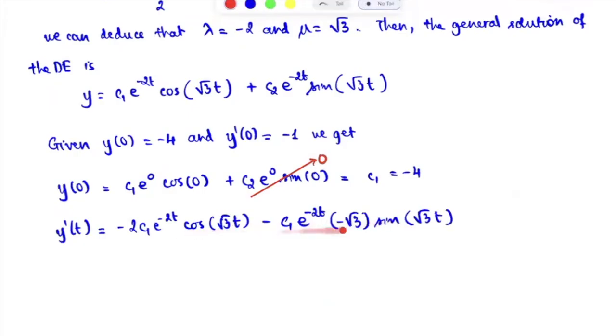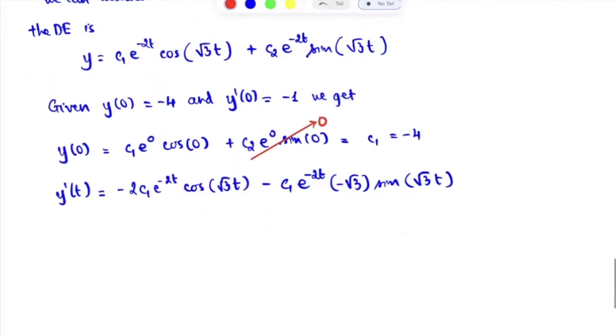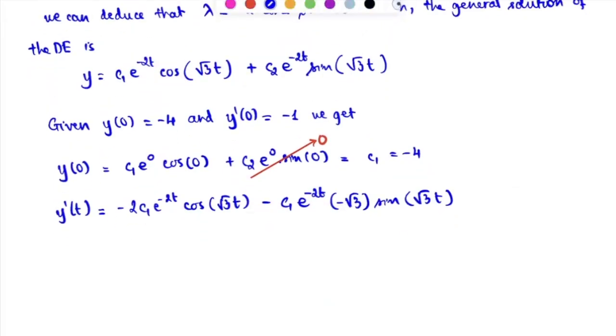So again, these two terms come from the derivative of c1 times e to the negative 2t times cosine of square root of 3t. Now the next two terms come from the derivative of this product: minus 2 times c2 times e to the negative 2t times sine of square root of 3t, plus c2 times e to the negative 2t times square root of 3 times cosine of square root of 3t.